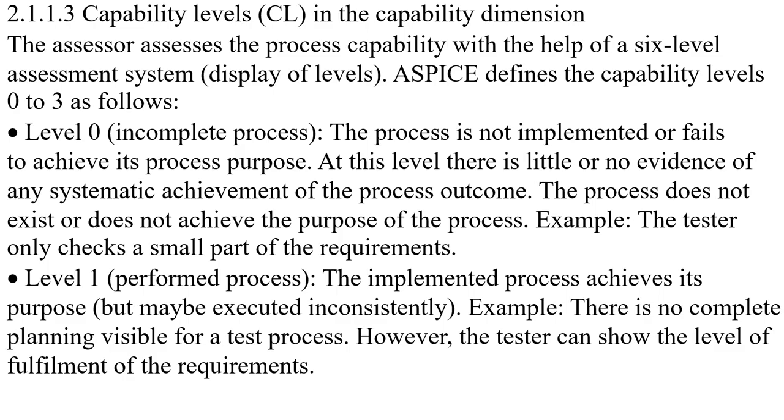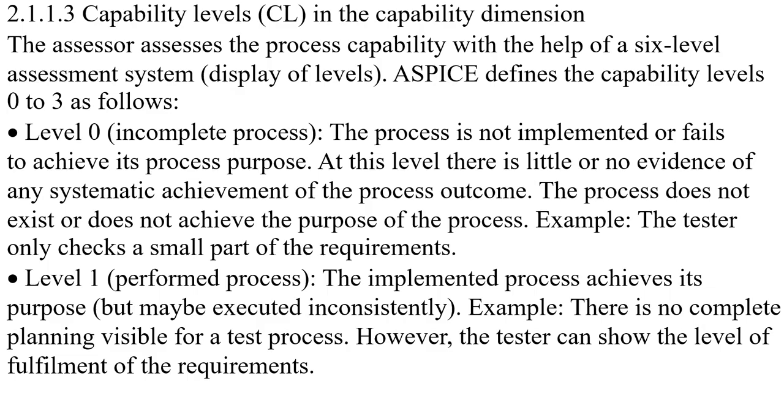Capability levels. In the capability dimension, the assessor assesses the process capability with the help of the six-level assessment system. A SPICE defines the capability levels 0 to 3 as follows. Level 0, incomplete process.